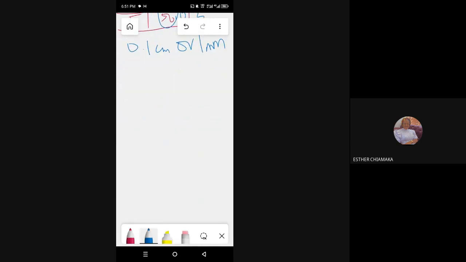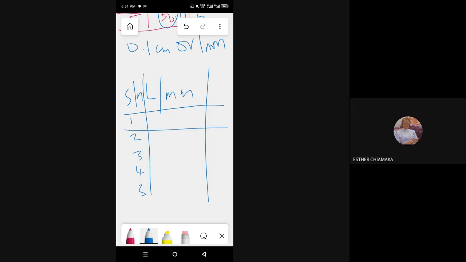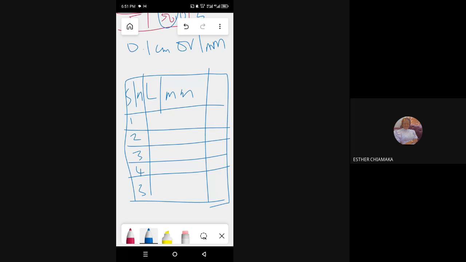Now, I want to record L in mm. Serial number 1, 2, 3, 4, 5. So your table should be enclosed.